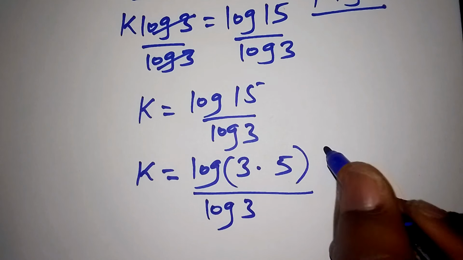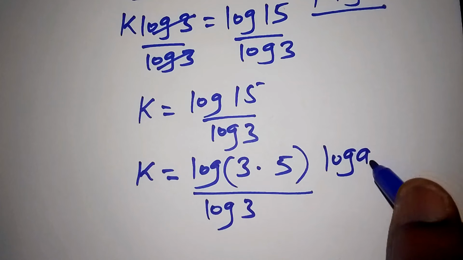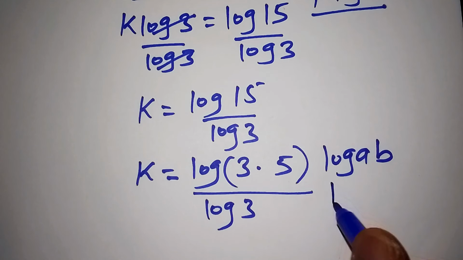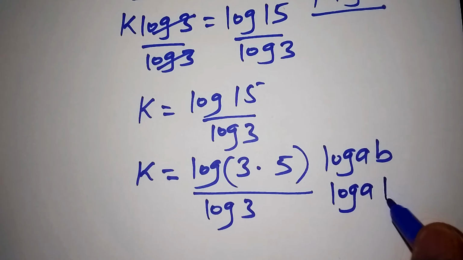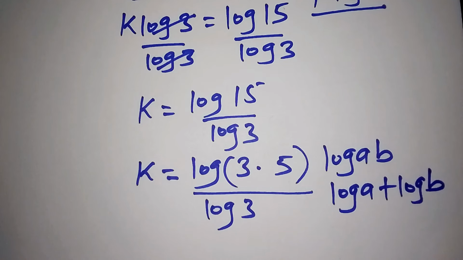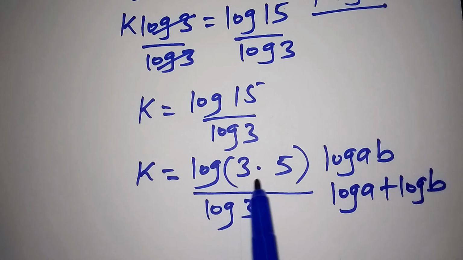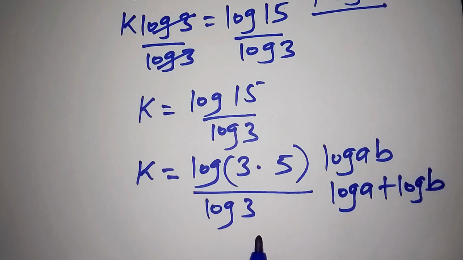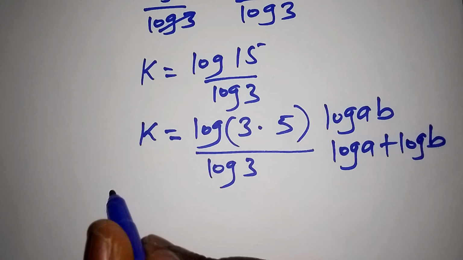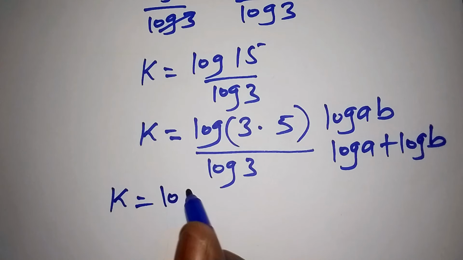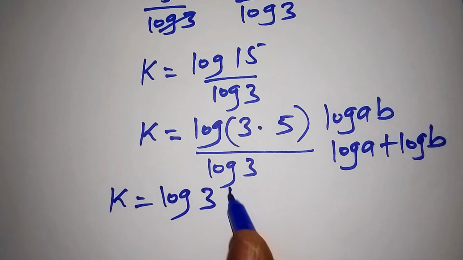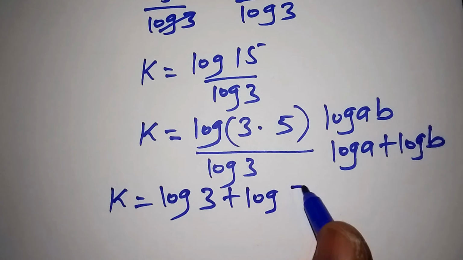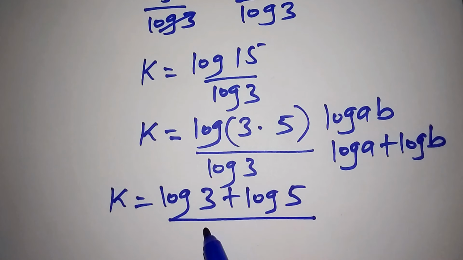When you have something like the log of a multiplied by b, this can also be written as the log of a plus the log of b. So the log of 3 multiplied by 5, we can have it as k equals the log of 3 plus the log of 5 all over the log of 3.